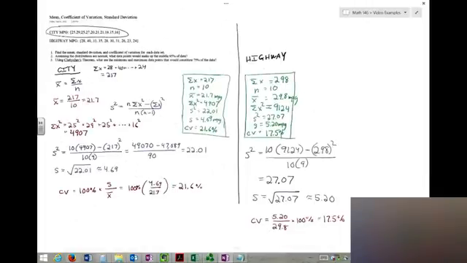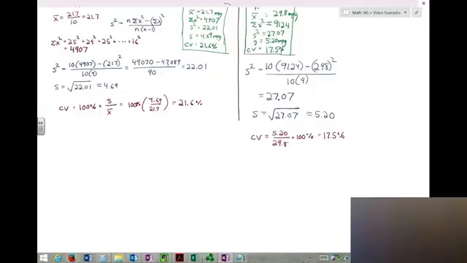Okay, so the next thing is, assuming the distributions are normal, what data points would make up the middle 95%? So we're talking about outliers.